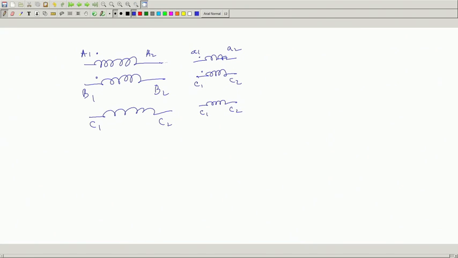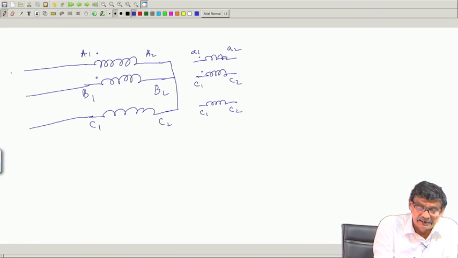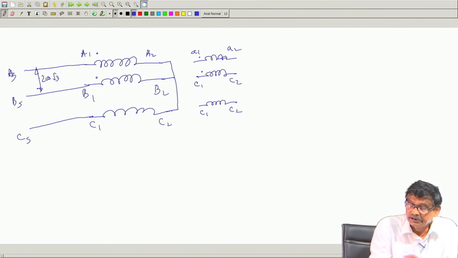And what connection have I made? I have made this a star connection, and here I have connected a 200 root 3 volt 3 phase supply AS, BS, CS. And here the line to line voltage applied is 200 root 3. Why 200 root 3?